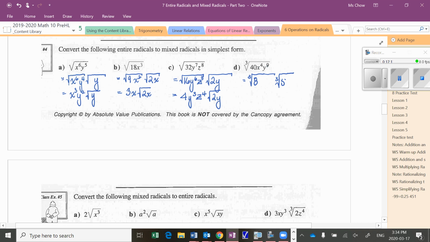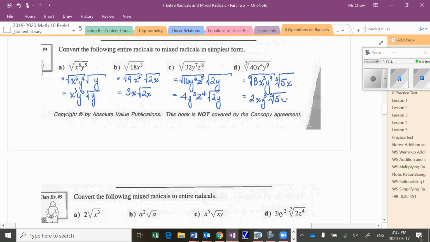And then when we're looking at our variables, we're looking for multiples of 3, or multiples of our index. So x cubed, leaving me with just x, and then y to the 9th is a perfect cube because 9 is a multiple of 3. So the cube root of 8x cubed y to the 9th is 2xy cubed, and I'm left with the cube root of 5x.